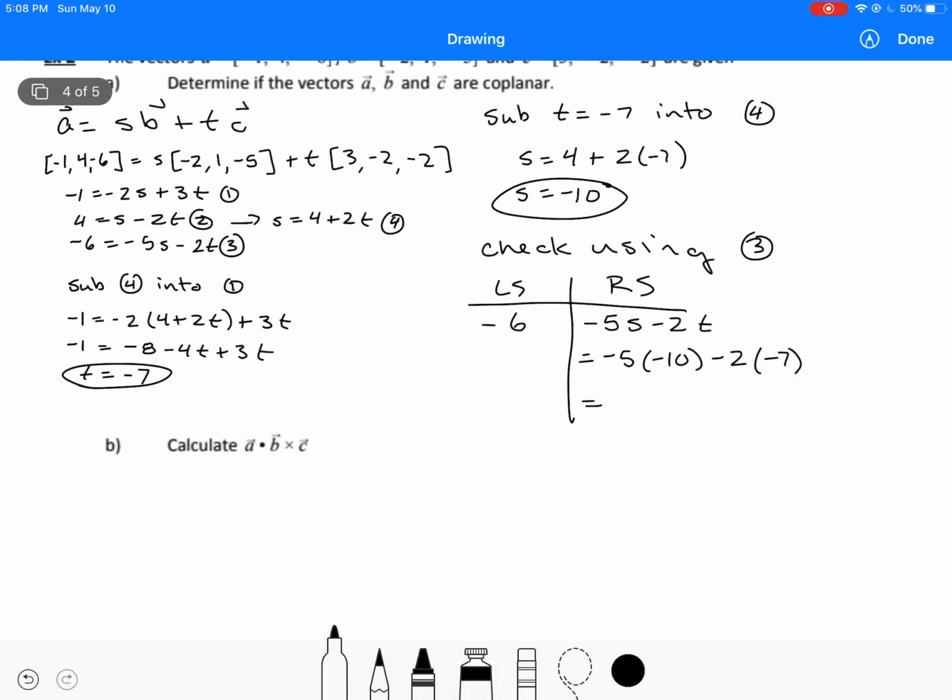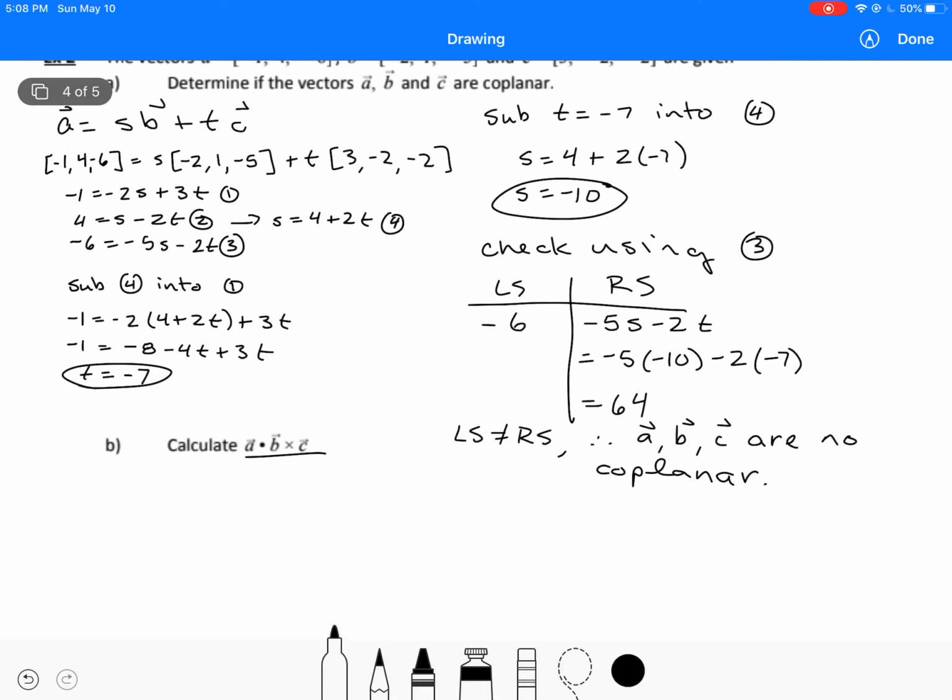Let's see, plus 50 plus 14 would give me 64, not equal to minus 6, which means that my vectors are not coplanar. So I can't lay them on a flat sheet of paper.